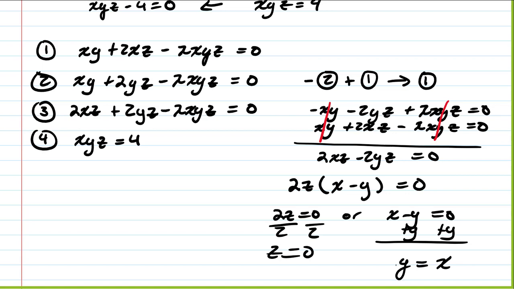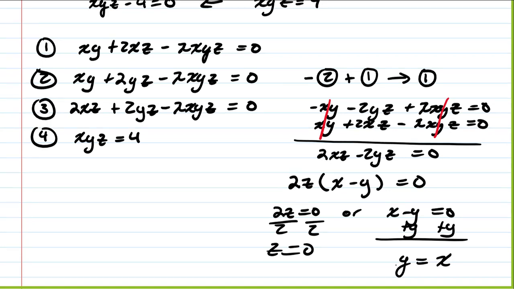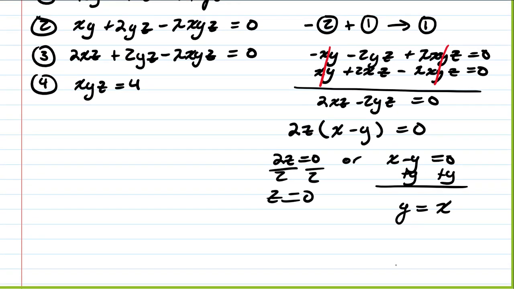Okay, so now we can go back and use a different equation to solve for another variable. So if y and x have to be the same thing, let's take a look at equations 2 and 3. Equation 2 with y equal to x gives me, so x times y would be x squared, plus 2xz minus lambda x squared z equals 0.